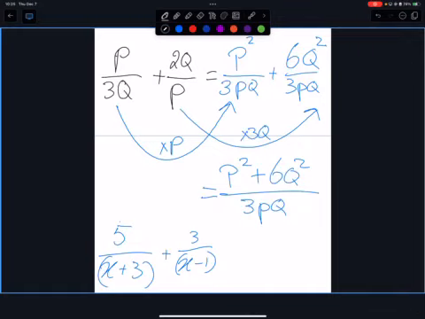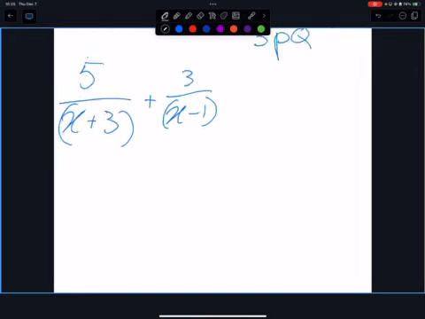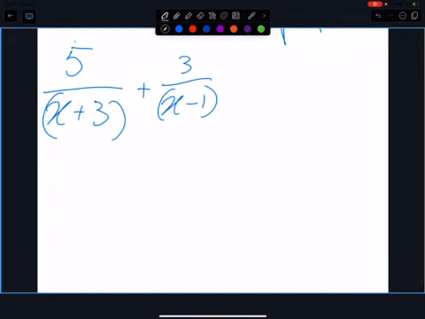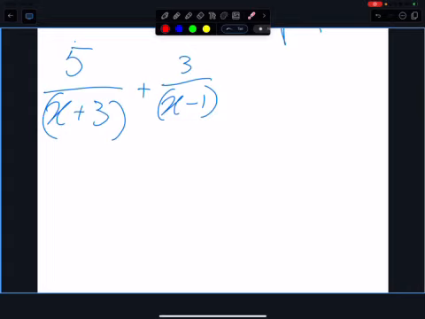So how do I do this equation? Exactly the same. The denominators have to be the same. So you multiply x plus 3 with x minus 1. Nothing changes, yes. It just becomes longer.